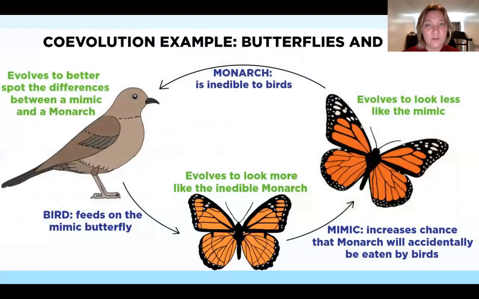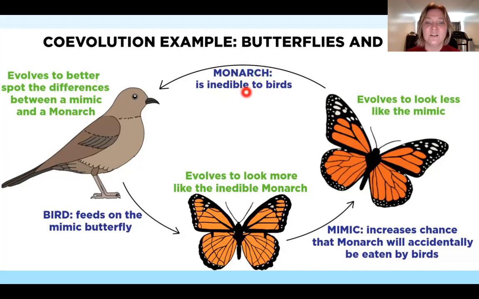So there's a coevolution example of butterflies and their predator, which is birds. So we'll just start here at the beginning where you've got the monarch, which is inedible to birds because as a caterpillar, the monarch butterfly eats a plant called milkweed, which is very bitter.